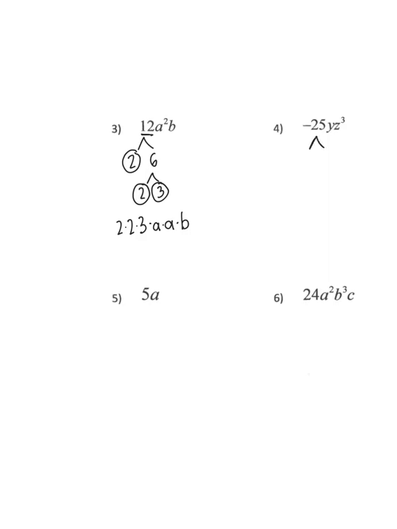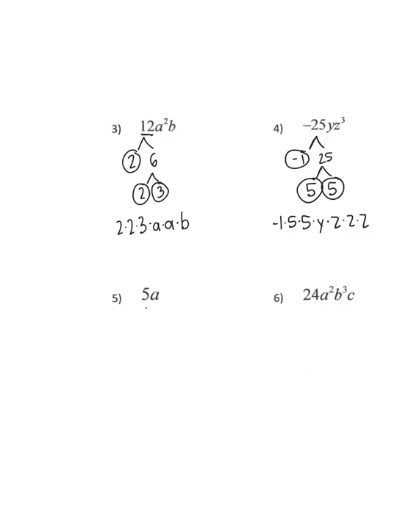Okay, number 4, let's break our 25 to start into -1 and 25. So that -1 can't be broken down any further, but 25 can be multiplied by 5 and 5. So now I've got -1 times 5 times 5, and my y, there's just one of those, but my z is z to the third, so I'm going to have 3 z's multiplied together.